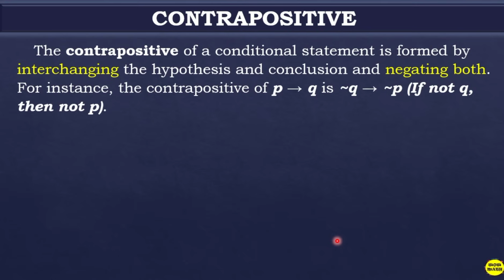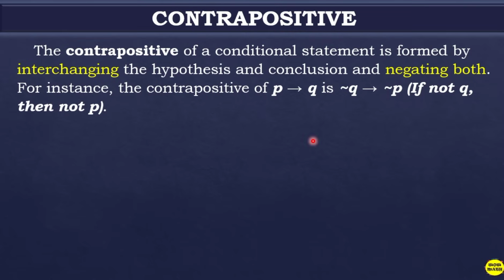Now, contrapositive. So the contrapositive of a conditional statement is formed by interchanging the hypothesis and conclusion and negating both. Yung ating converse, nag-i-interchange din tayo doon, right? But this time, ang contrapositive natin, nag-i-interchange tayo at the same time, we are negating both the hypothesis and the conclusion. So, yun po ang difference nila. So, ang contrapositive, aside from interchanging, we are negating both the hypothesis and the conclusion.